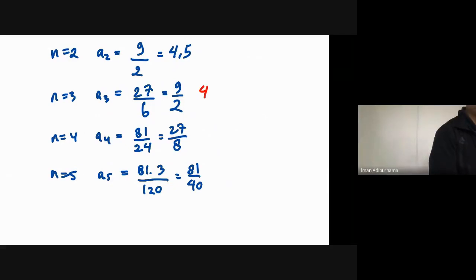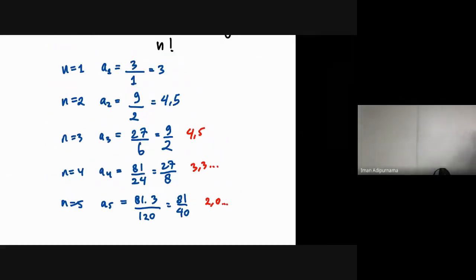So this is also the same, 4.5. This is around 3.3 something, right? And this will be around 2 point something number. Okay, so what's happening here? You will see that from 1 until 3, it's mostly increasing, and then stops at the same number here.